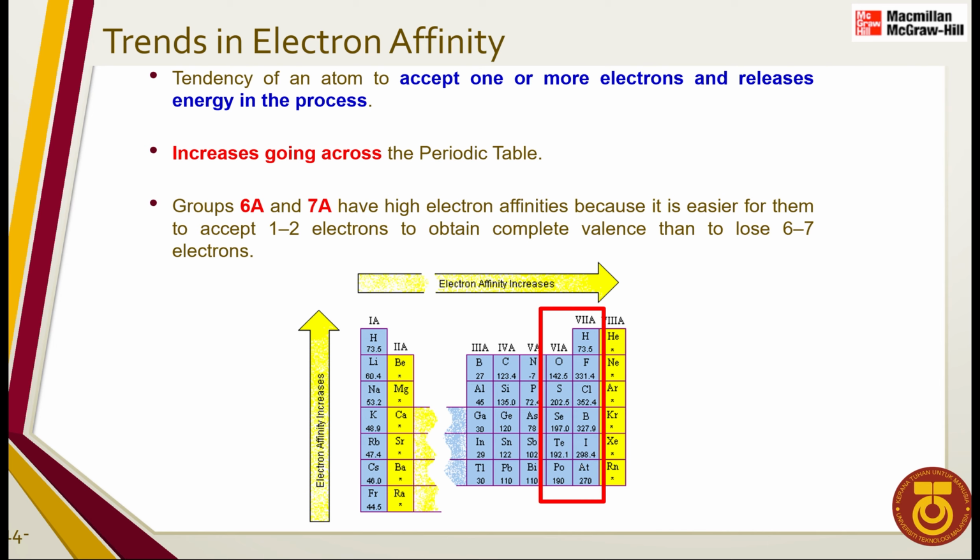That means that group has more affinity towards the electron, so it accepts electrons more easily, especially for group 6A and 7A, because the shell is almost complete, right? So the shell is almost complete, and that's why you can accept electrons easily. That means that group has high electron affinities.